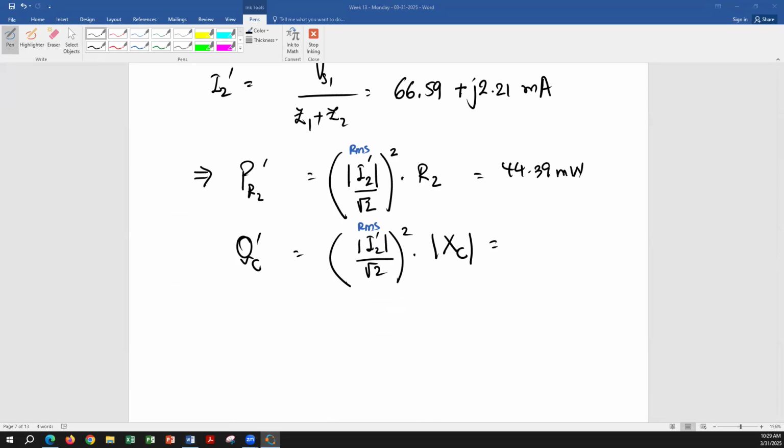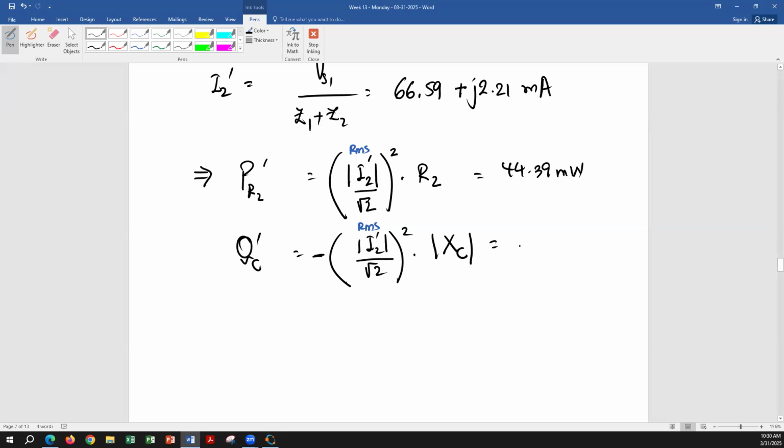And QC prime is the absolute value of I2 prime squared times the absolute value of XC divided by 2. Remember this is negative because we are calculating for the capacitor. You have to put a negative sign, otherwise it's just going to give you a positive value.